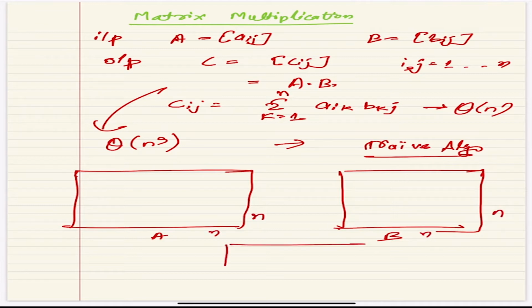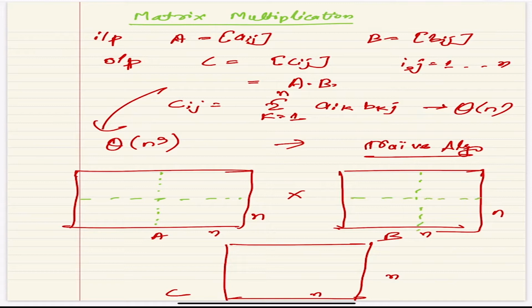Then I have to multiply these and get a matrix C, n cross n. Right? Now, how can you use divide and conquer here? What can you divide? You can say, okay, I can divide them into smaller matrices, right? So let's make a symmetric division, such that each matrix here is an n by 2 cross n by 2 matrix, all of it.